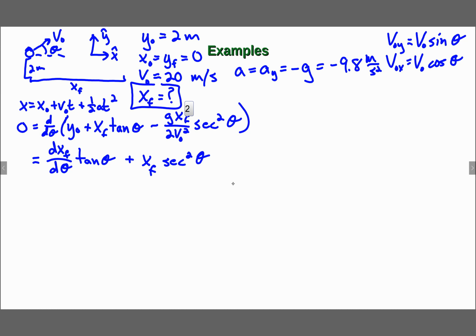And then over here we have the same thing. So we have this when we take the derivative of the xf part with respect to theta, and then when we do the secant squared theta part over here, we get this piece.